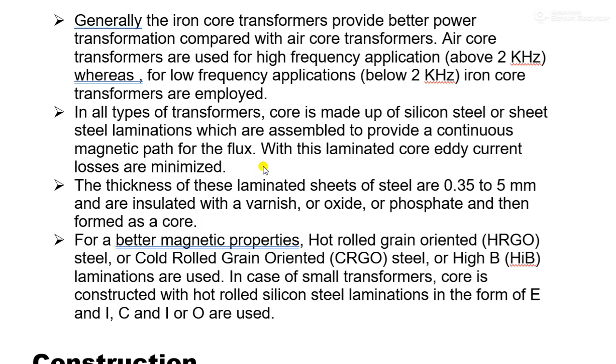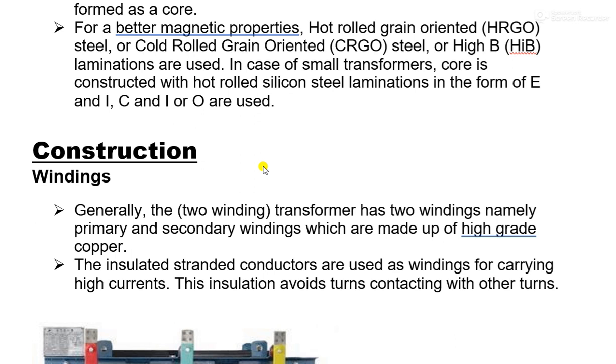In a small transformer, the core is constructed with hot rolled silicon steel laminations in the form of capital letters E, I, C, I, O. How this will be, we will see in the construction details.